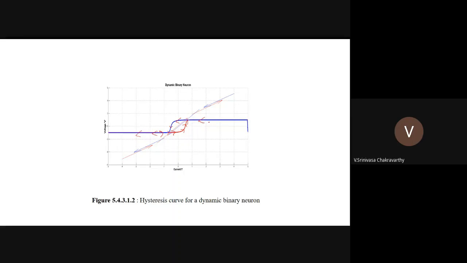You might have heard that magnetic materials, which are used for implementing memory in computers, also have 2 states, because memory in a hard disk is based on the spin of a magnetic particle. It can have a positive spin or a negative spin.